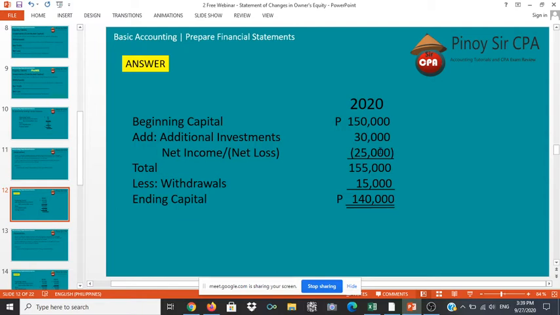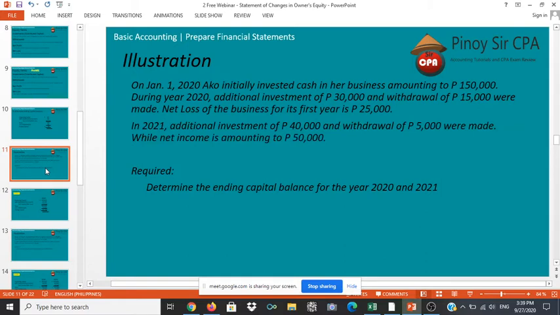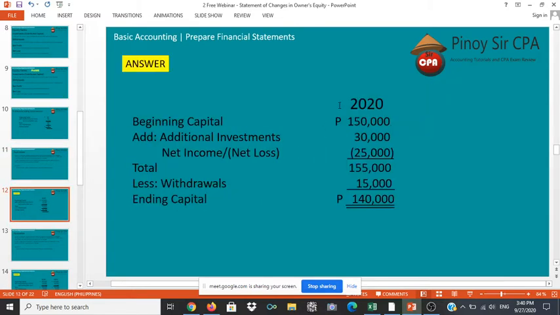Next. Kung mapapansin nyo, naka-open close parenthesis siya. Meaning, it's a net loss. Sa 2020 ba, net loss ba yung sinabi sa problem? Yes. Net loss of the business for its first year is 25,000. Okay? Sa 2020, meron daw withdrawal na 15,000. So, babawas din natin yan. Let's see. So, 150,000 plus 30,000 minus 25,000, as of balance, 155,000.